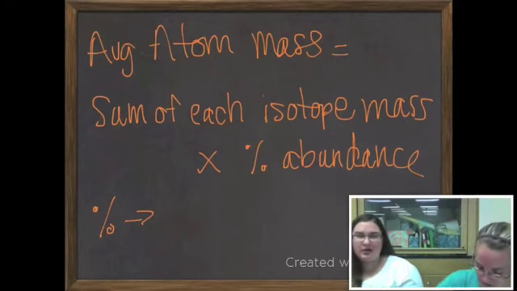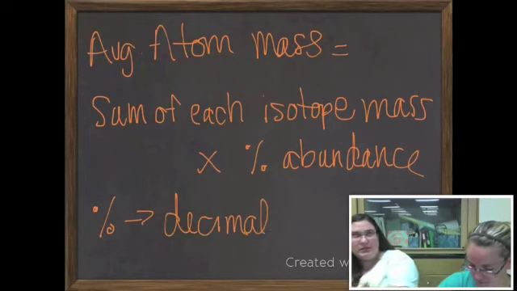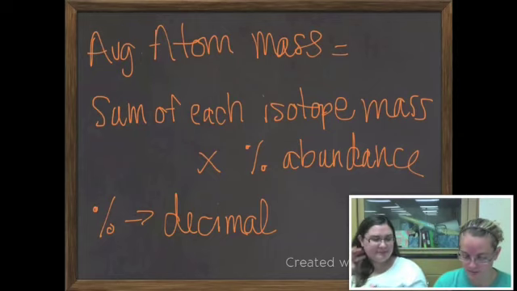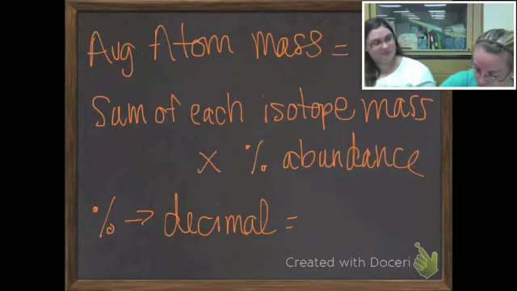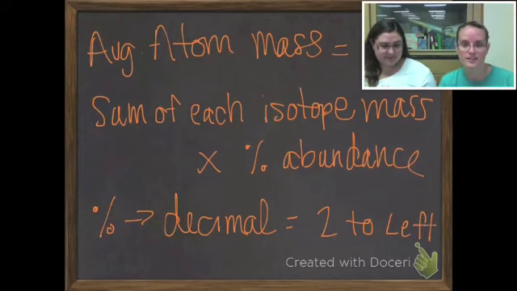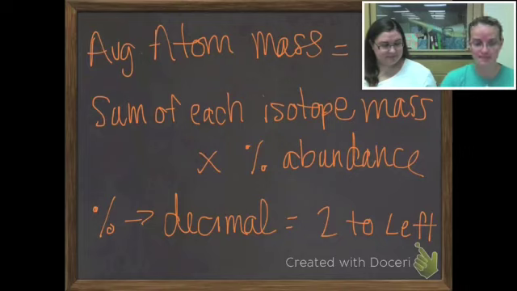Every time I divide by 100, my decimal place is going to move over twice to the left. Left. All right. So if we want to change our percent to a decimal, we are going to move our decimal two times to the left. Two times to the left. You're going to use this all the time. Later on in chemistry, next semester too. Totally. All right. So time to do some practice problems.